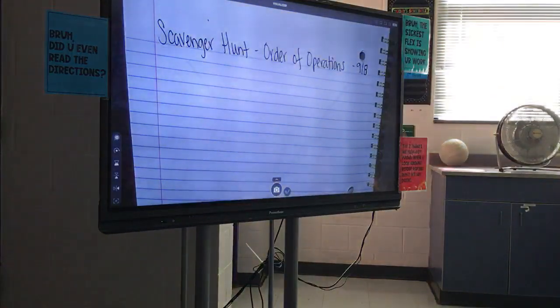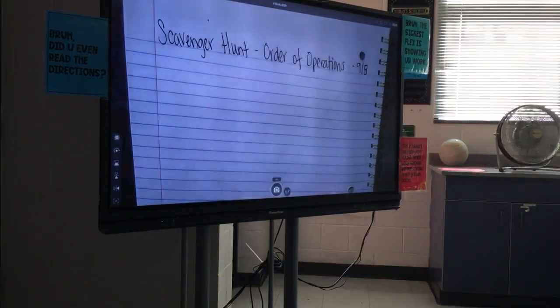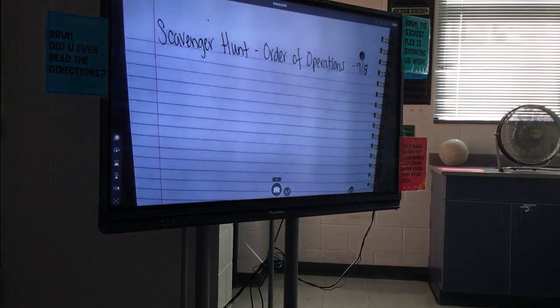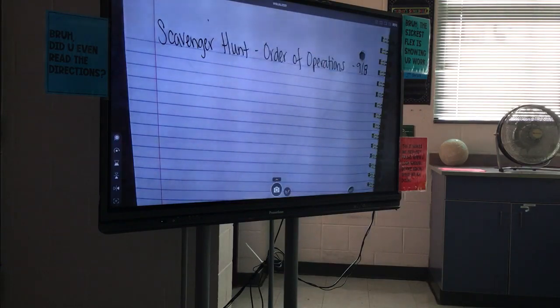Now, we are all going to do one together so you know how to do this. How many of you have ever been on a scavenger hunt before? A scavenger hunt is you have a clue, you solve that clue, and you go find the answer from that clue and work on the next problem.